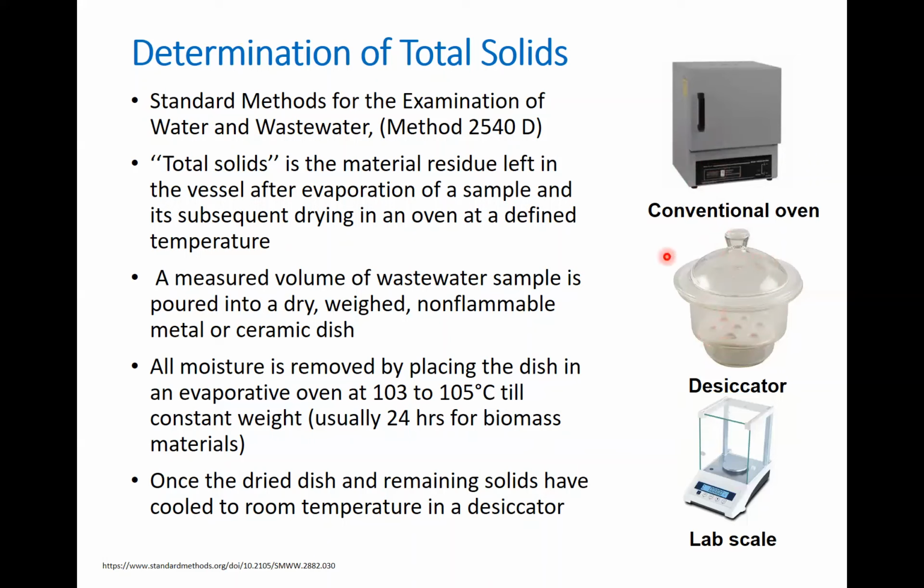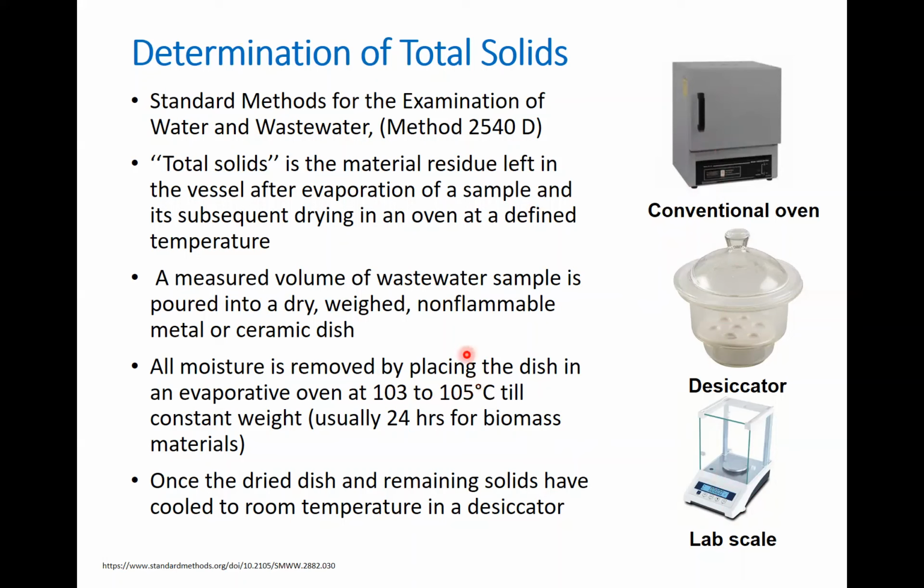So basically, the procedure: first we weigh the empty dish, put the sample in, then weigh the dish with the sample, and then put them in the oven for a certain time.